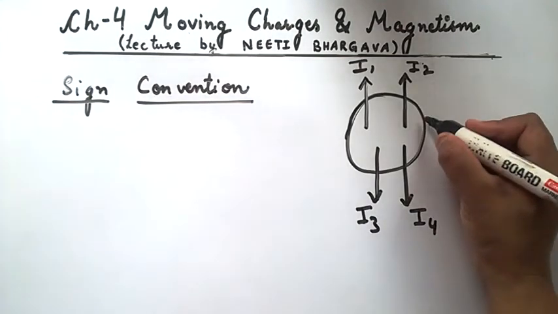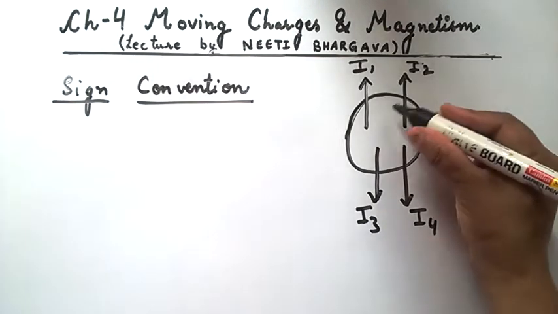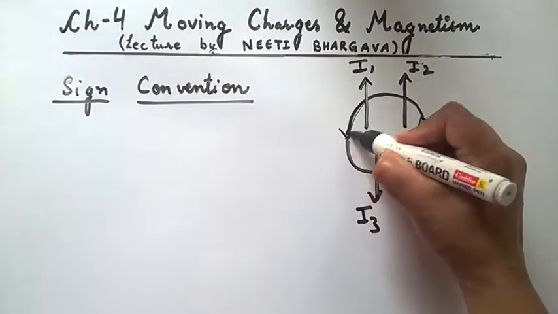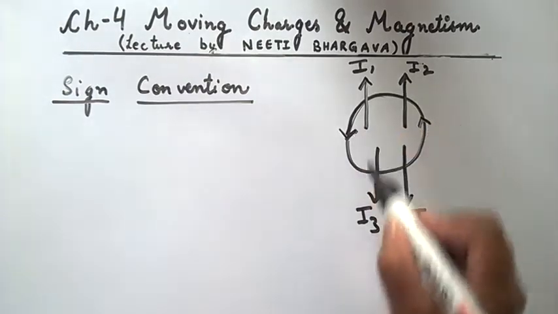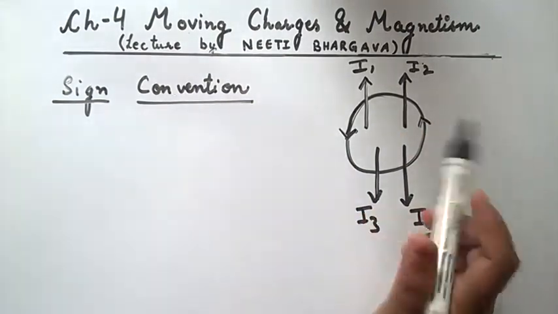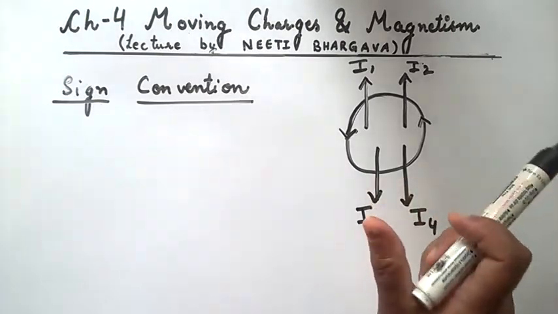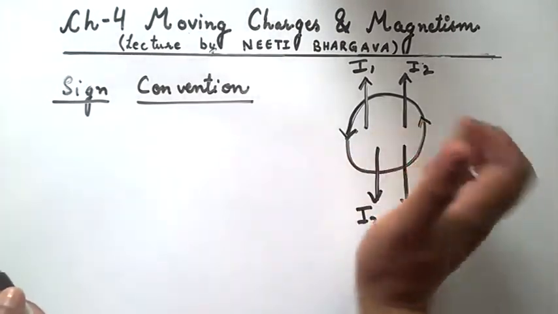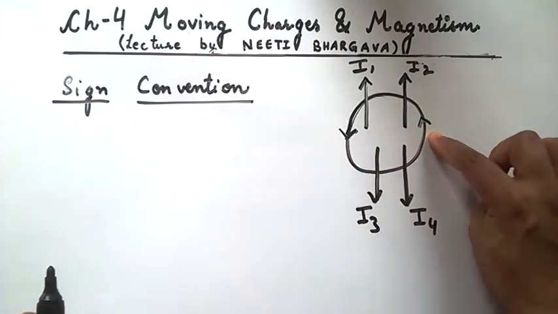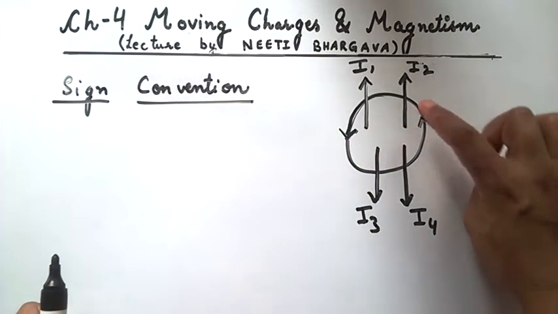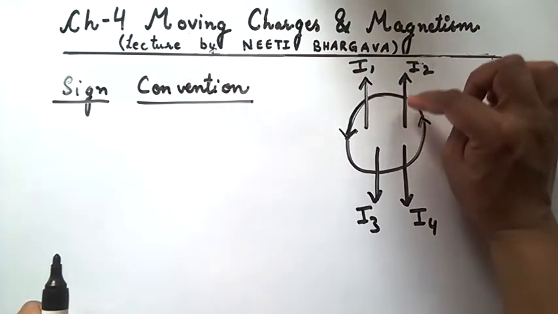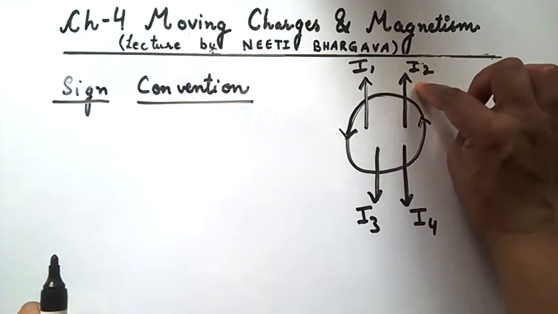And if the direction of line integration over a closed surface or a boundary is in anticlockwise direction, then according to right hand thumb rule or right hand screw rule, when the screw is rotating in anticlockwise direction, the direction where the screw is rotating gives the direction of line integral, that is B dot dl, and the direction where the thumb advances or the screw advances gives the direction of current.